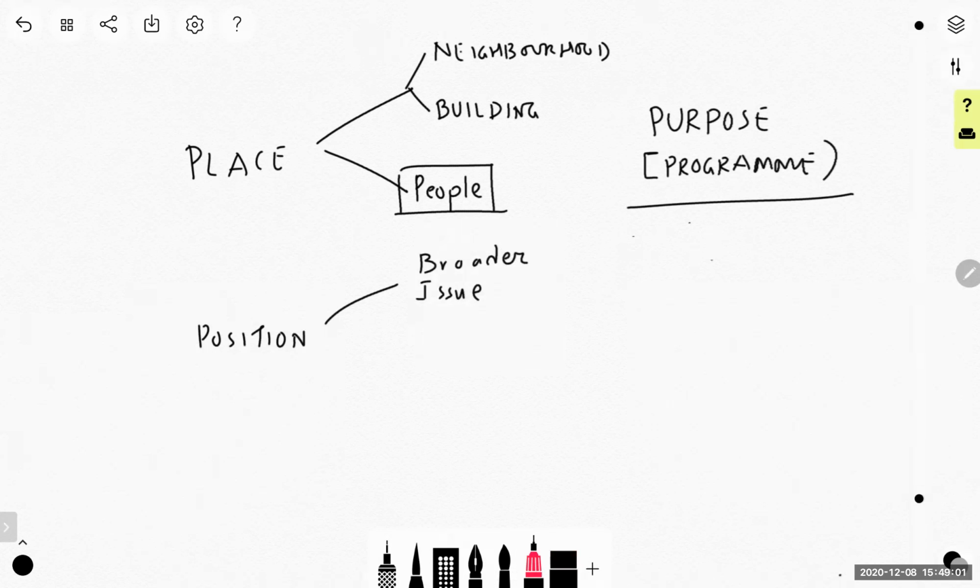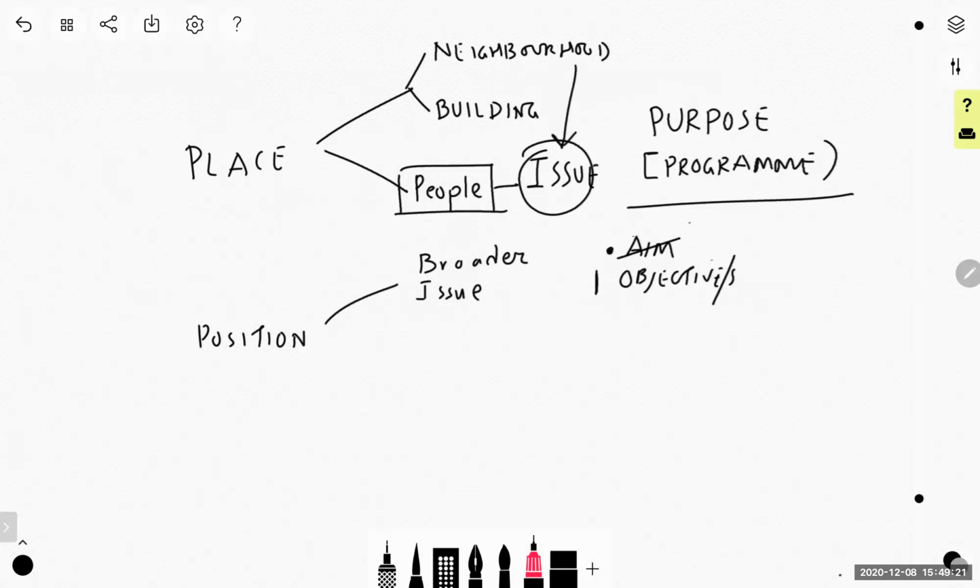So we started with aim and objective, or just objective is fine. Now, where does it come from? Because we see the issue. We are actually looking for what is the issue or need from people or from the neighborhood, or even overlapping with the broader issue I'm talking about, right?